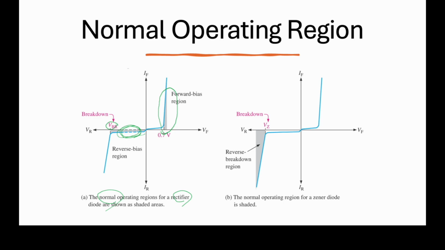It is very important for you to remember, the normal diode works as a rectifier. However, a Zener diode only works well in this reverse breakdown region, meaning that the value of the voltage must be larger than the breakdown voltage, at this shaded area.